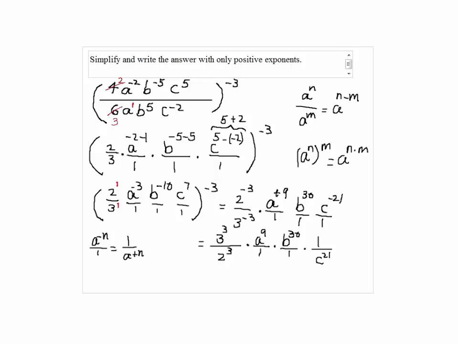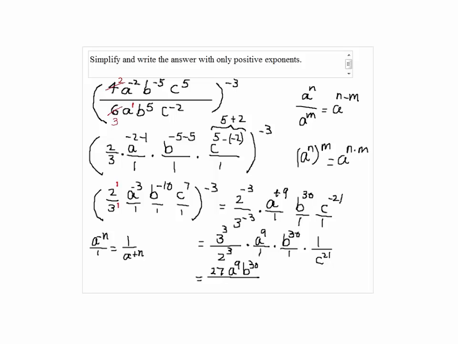But I don't have to change a because that's already a positive exponent, and b also stays the same. However, c would be 1 over c to the power of 21. So all of these have positive exponents.